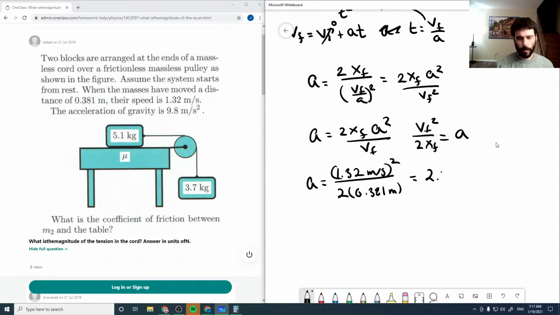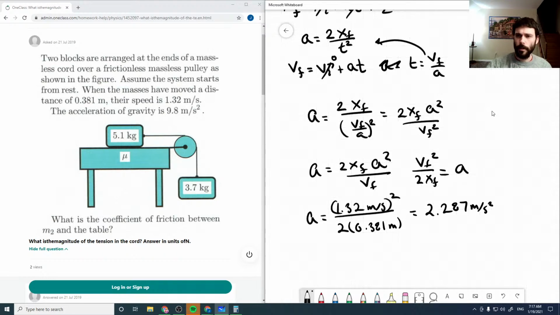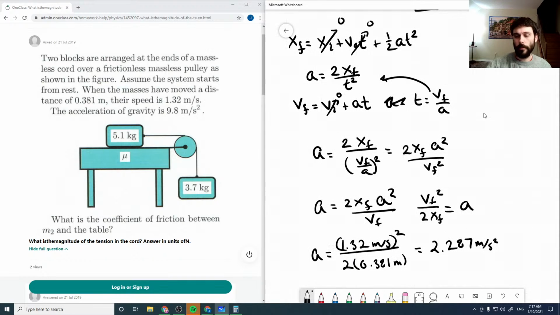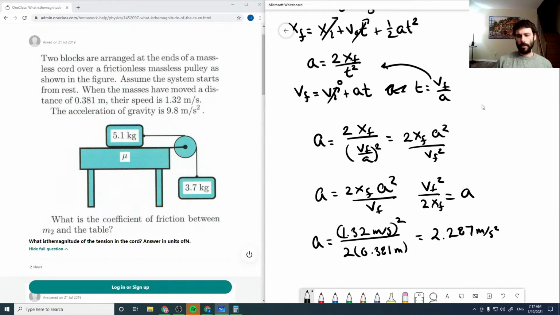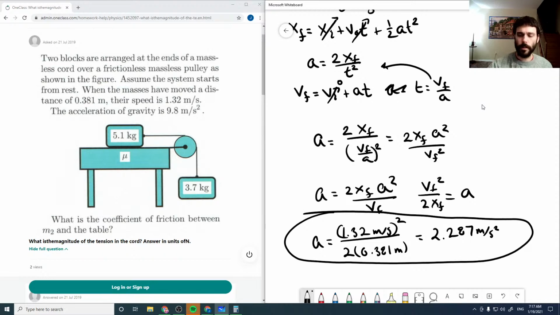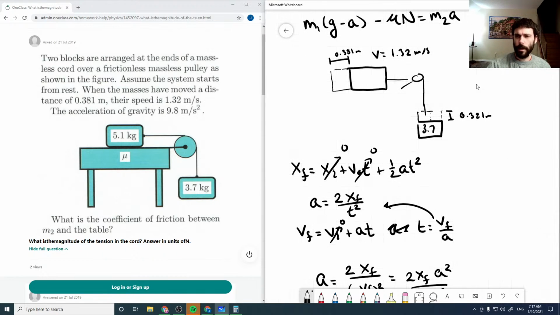And so this comes to be 2.287 meters per second squared. Okay, so there's our acceleration at that point. We have our acceleration for our entire motion actually, because it's constant. So that's the acceleration that we expect.